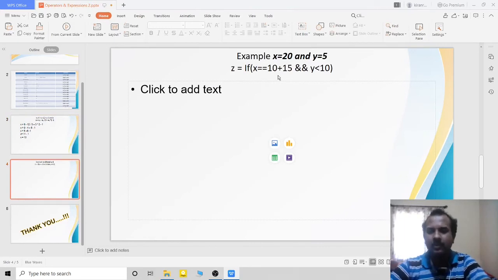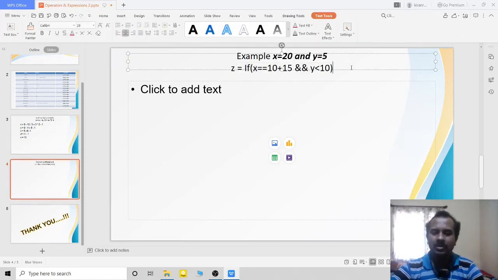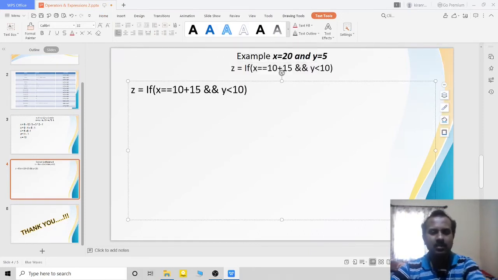Now let me go for another example. I have given x equal to 20 and y equal to 5, and I want to calculate the value of z. So I have the if condition there.